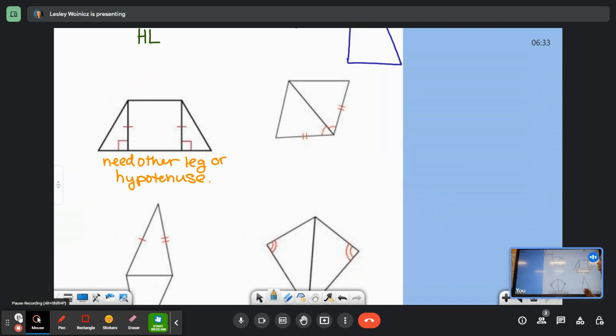We need something. All right, so these two have a pair of congruent sides marked and a pair of congruent angles marked. They also share a side which is congruent to itself. So this is side, angle, side.